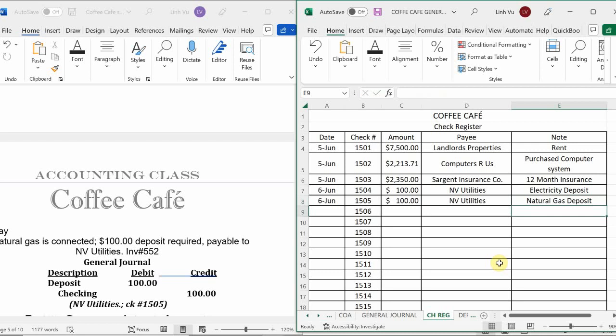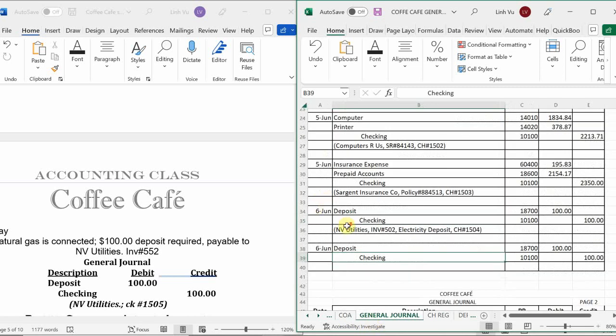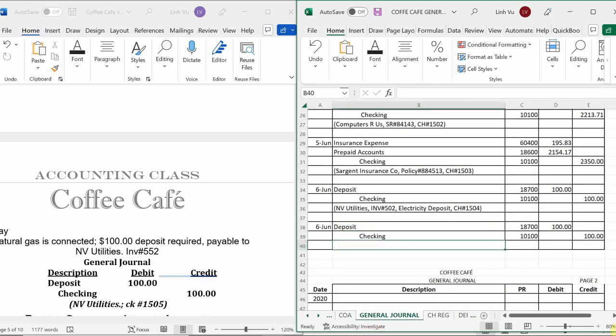Okay. So in this case, we wrote check number 1505. So we can fill in. Now we reached the very end of our journal here. So that means when we start another transaction, we will be on the new page number 2.